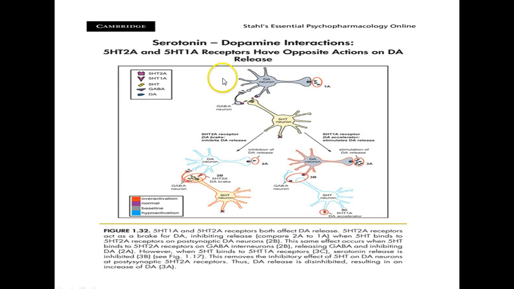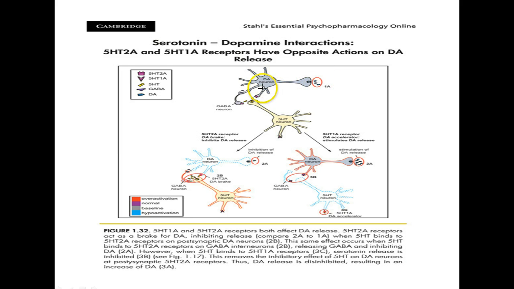Now, on dopamine interaction with serotonin and 5-HT receptors, this is a very interesting diagram showing the schematic dependency of dopamine neurons compared to serotonin neurons and norepinephrine neurons. Let's see the interaction between the dopamine neurons and the serotonin neurons. Dopamine, as we know, is released over here.